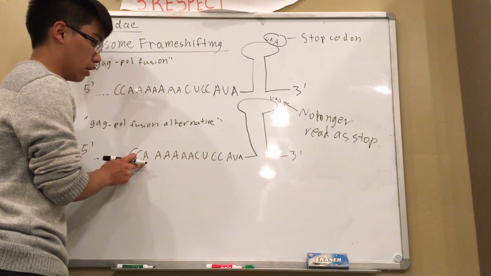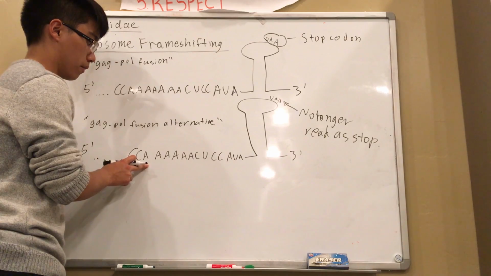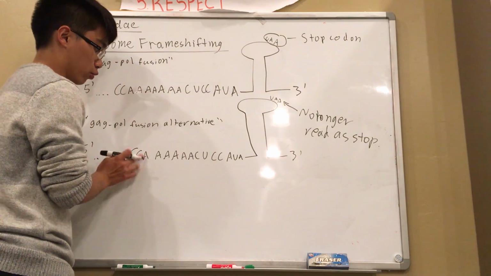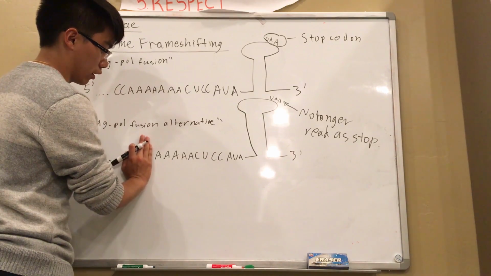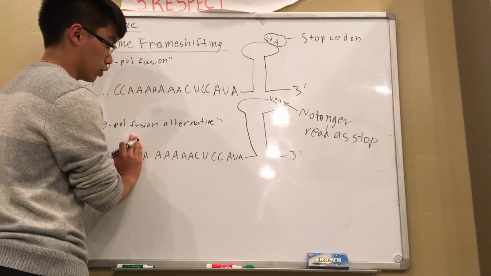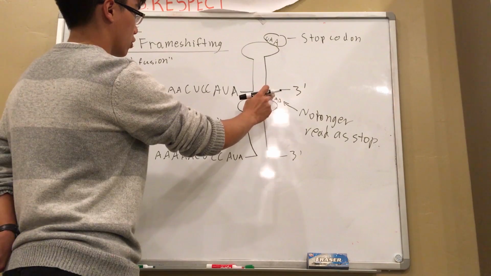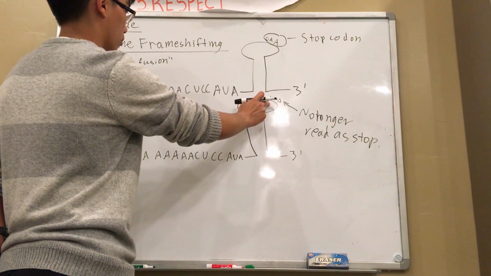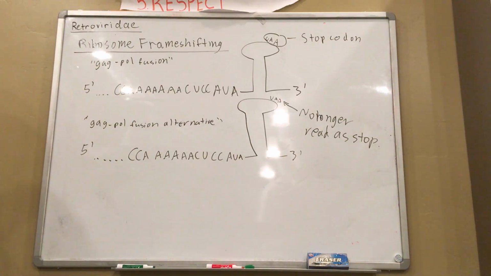It might start here instead. So instead of continuing from here, it backtracks one, and then starts reading from here. And so you get this shift in frames. Because you shift the frame by one nucleotide, what should have been a stop codon is no longer a stop codon. But these nucleotides now read as the Pol proteins.